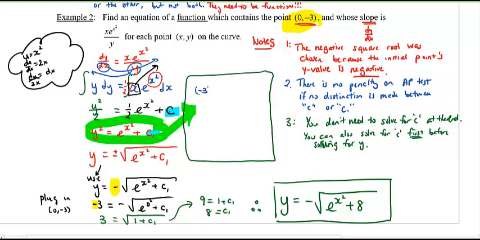Negative 3 squared equals e to the 0 squared plus c1. 9 equals 1 plus c1. Yeah, c1 equals 8. I could have solved it here first and then just used 8 and carried it through to my final answer. So it really doesn't matter when you solve for c. If you prefer doing it before solving for y, go right ahead. It doesn't make a difference.